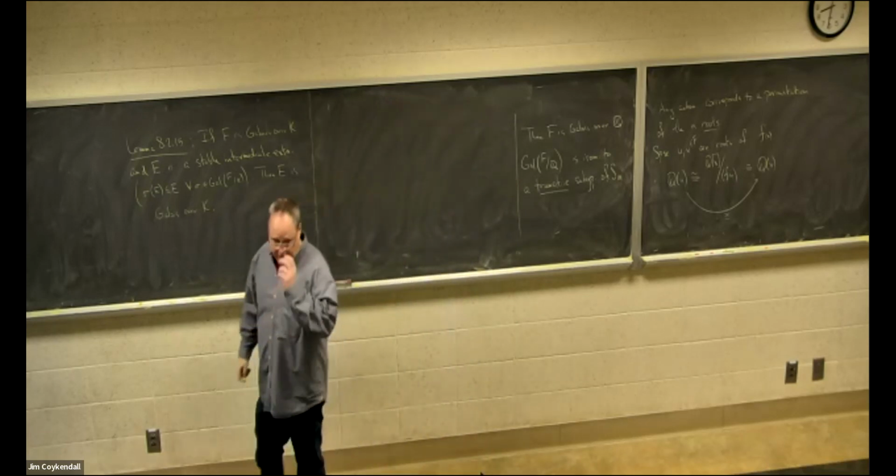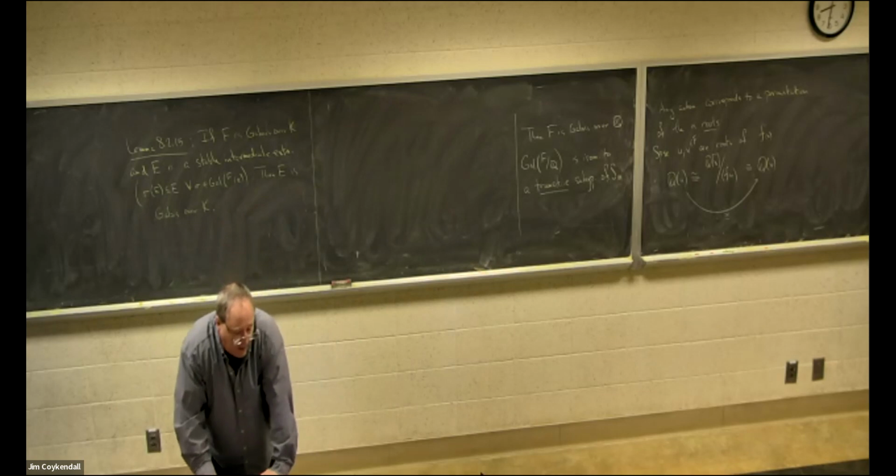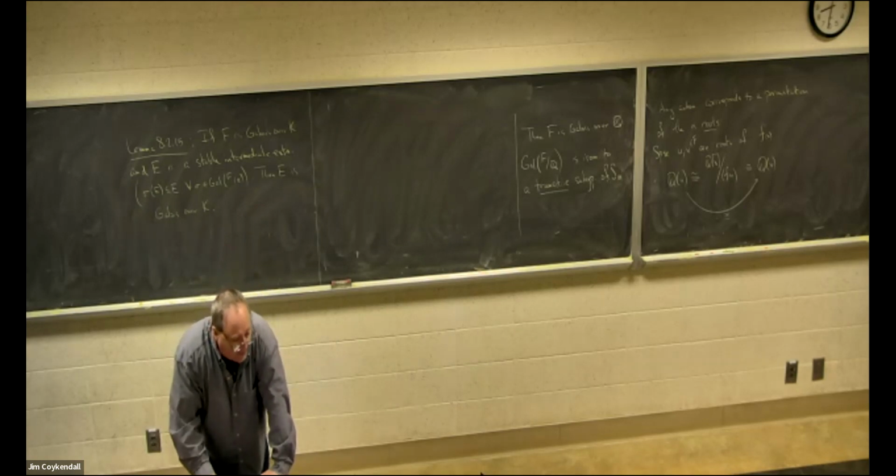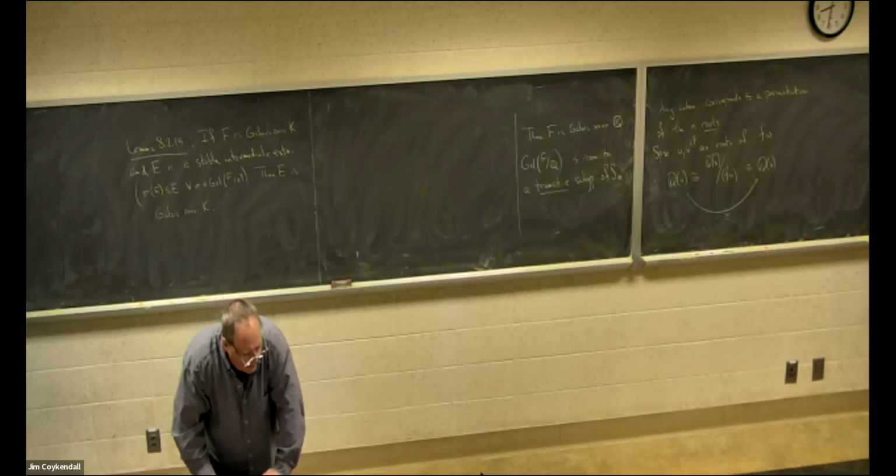Okay, what we're trying to do is show that E is Galois over K. That means that the fixed field of the Galois group of E over K must be exactly K. Hopefully y'all remember this.